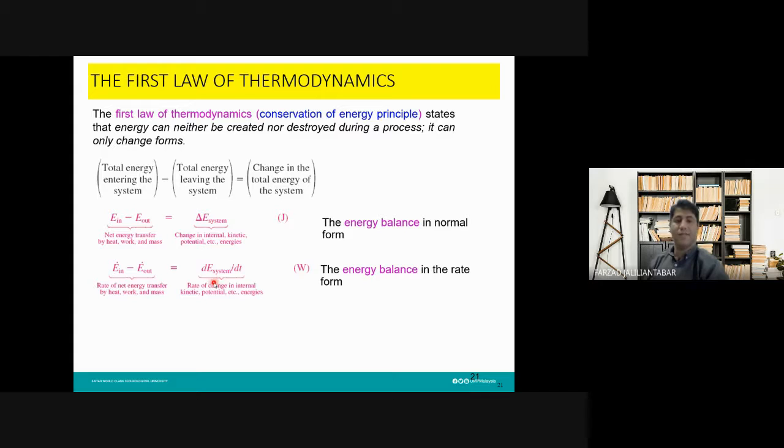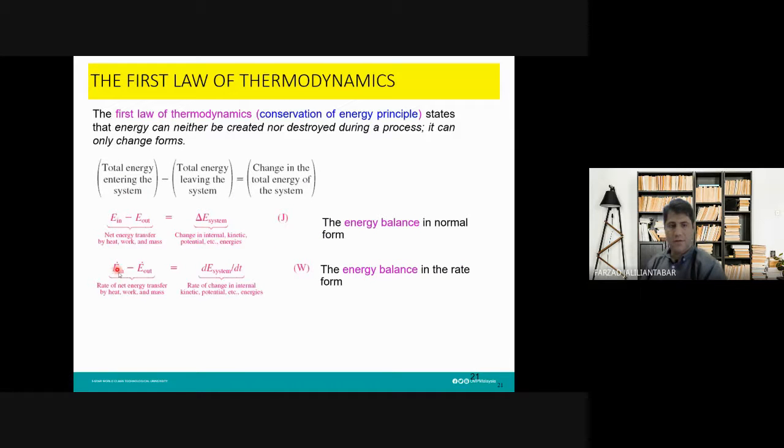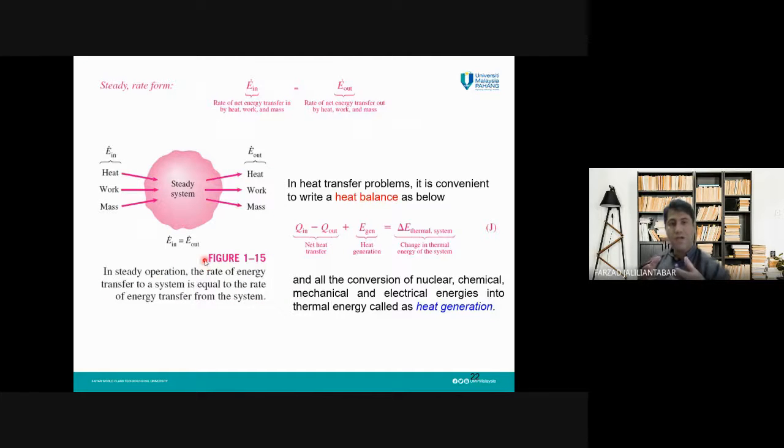For a steady system, dE system by dt, the change in the energy of the system, is 0. Then E dot in minus E dot out will be 0. In other words, the rate of energy which comes to the system is equal to the rate of energy which goes out from the system. In that case, the energy of the system remains constant with time. However, we still have energy coming to the system and energy going out from the system.